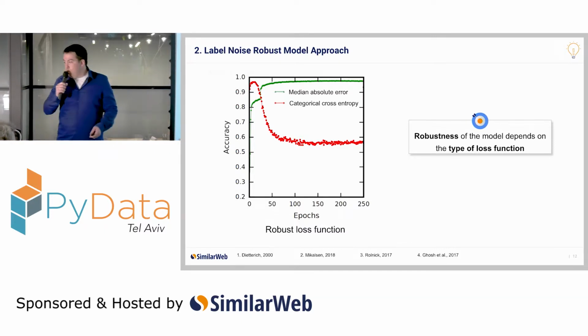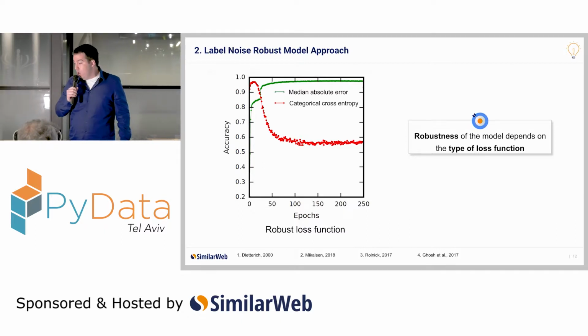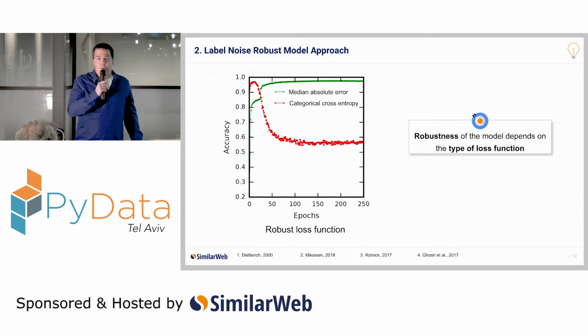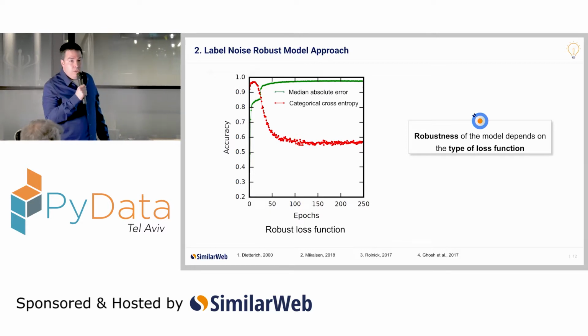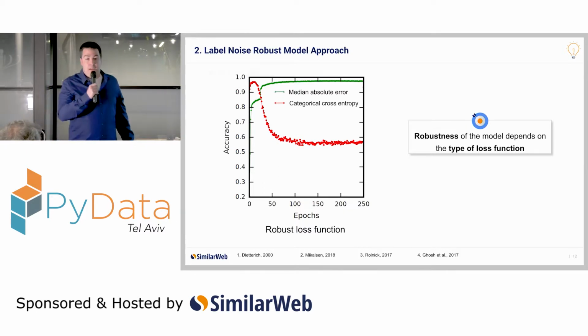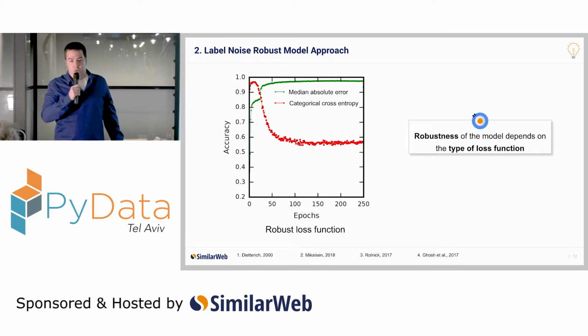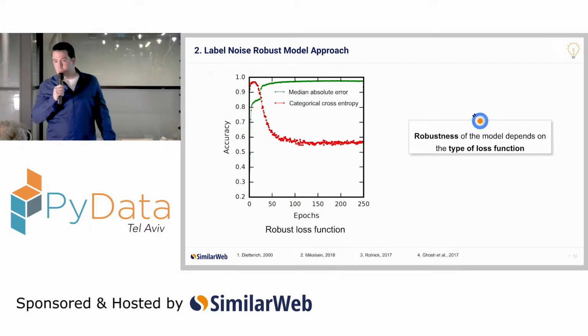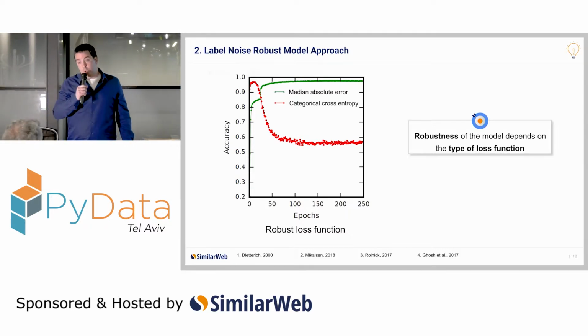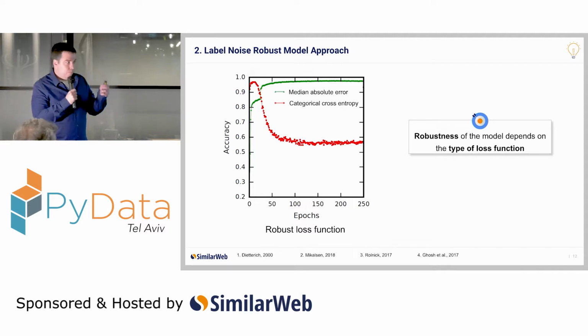In this example, you see that the researchers have examined 2 loss functions, a median absolute error and a categorical cross entropy, which were used as loss functions for a multi-classification task done using a convolutional neural network. In the specific example, the researcher has shown that median absolute error is more tolerant to label noise.